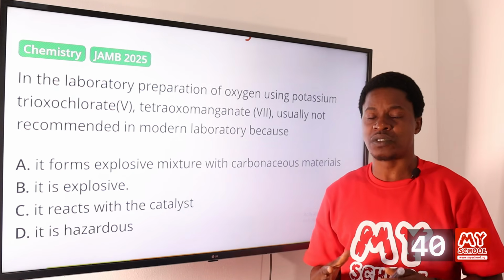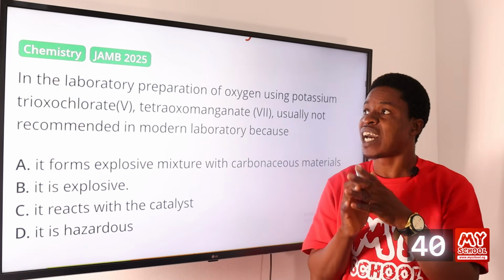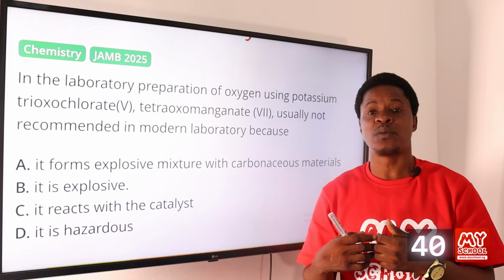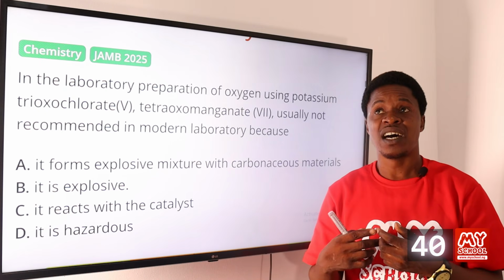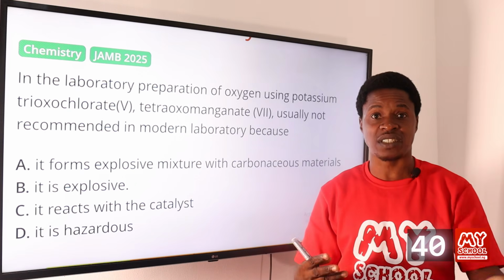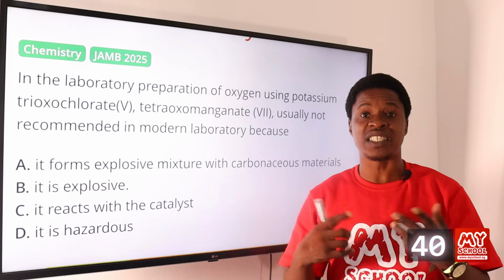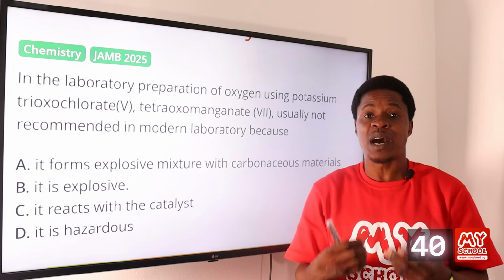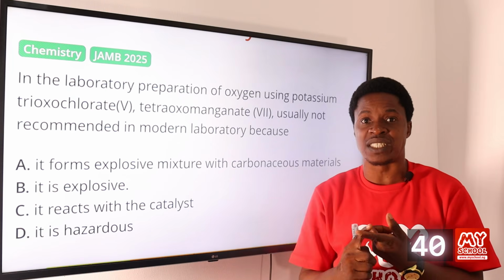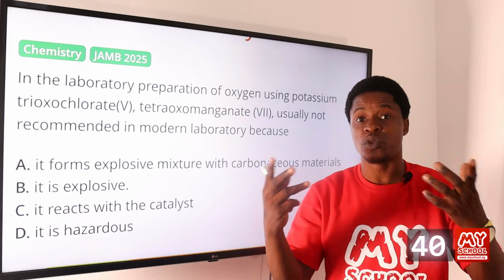But whenever it comes in contact with a carbonaceous material, one that contains carbon, like rubber tubings, dust, even grease, it can react, it becomes sensitive, and it can cause explosion.